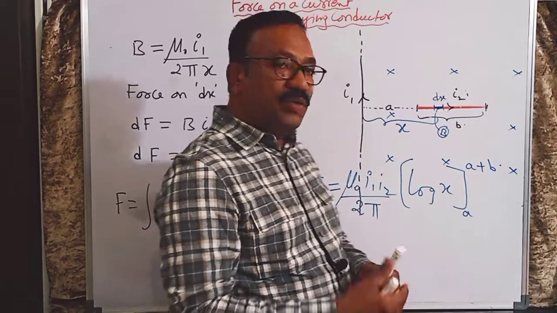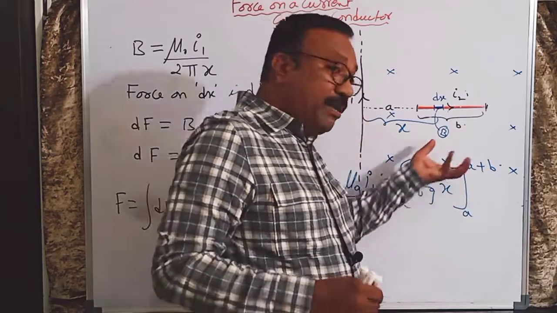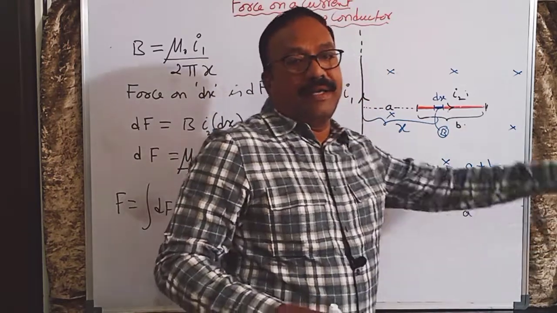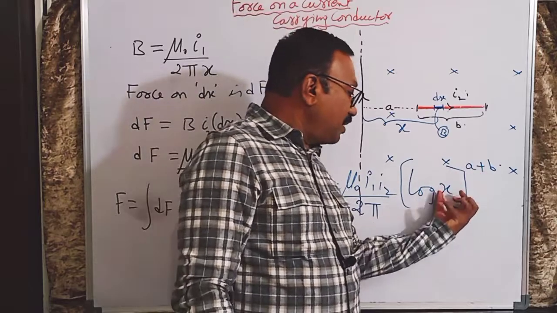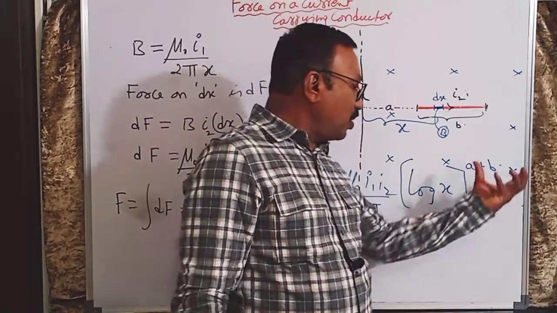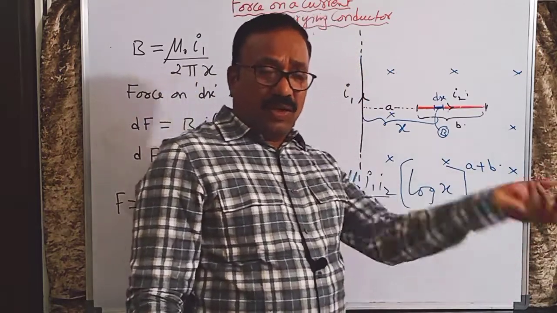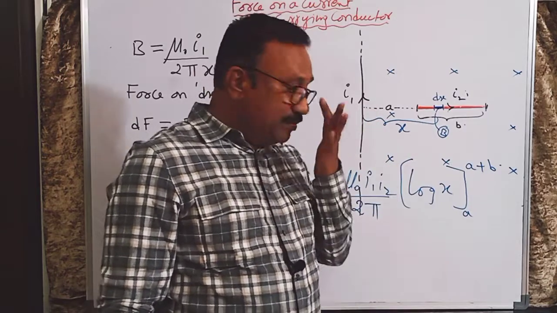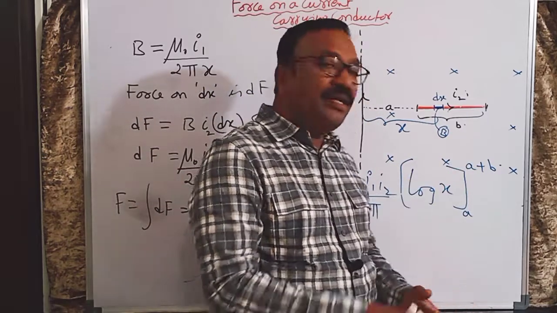Upper limit minus lower limit. First write the upper limit, minus the lower limit. So log of A plus B minus log A. You know log A minus log B is log of A by B. That means finally I'll get log of A plus B by A.